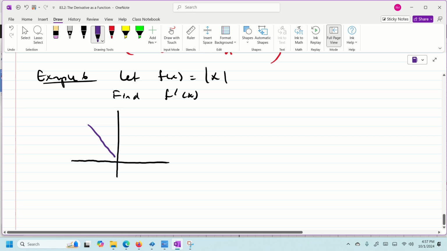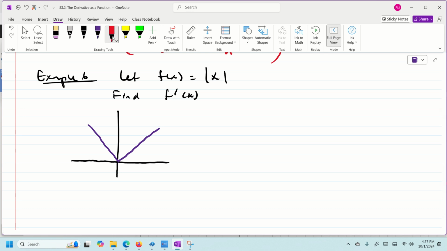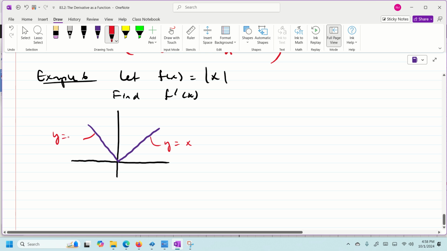So the absolute value of x looks a bit like this. To help us do the analysis, consider that the absolute value of x is simply made up of two lines. On the right hand side, this is the line y equals x. On the left hand side, this is the line y equals negative x.